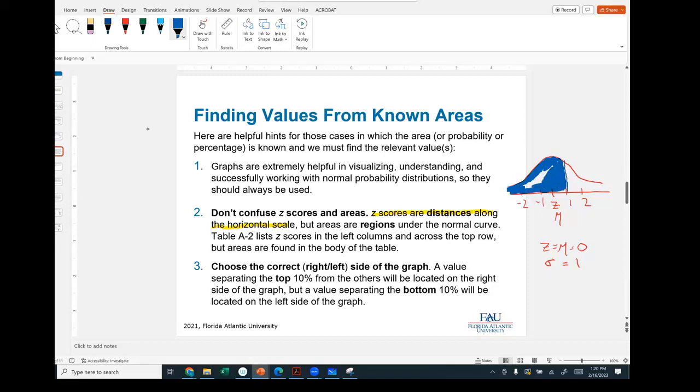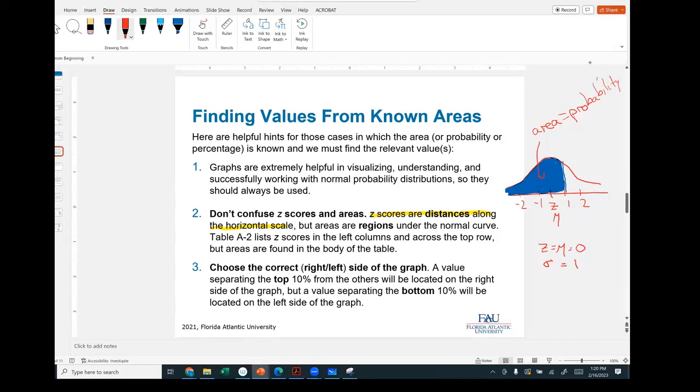Here I picked 1. So if I say x is less than or equal to 1, I would get the area right there. And that area is the same as the probability. So it is not the same as the z-score. Okay?